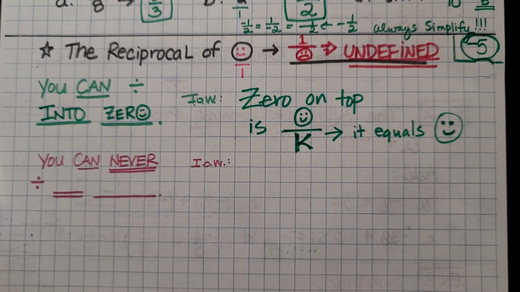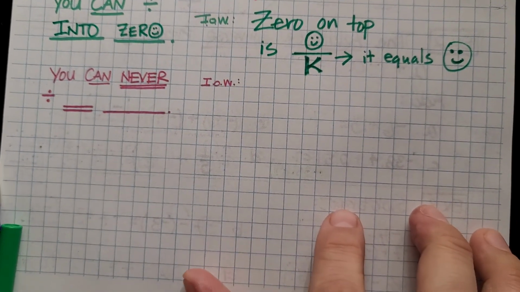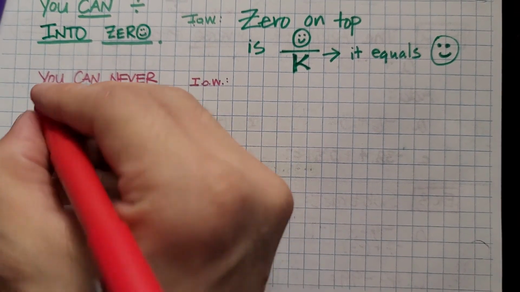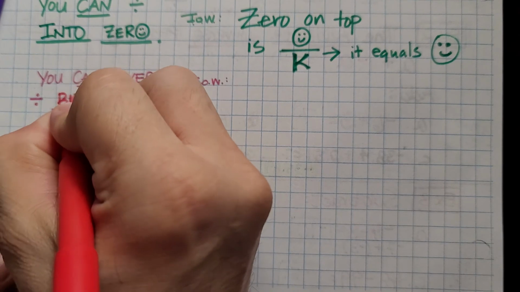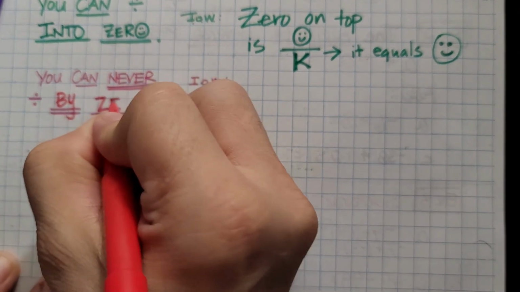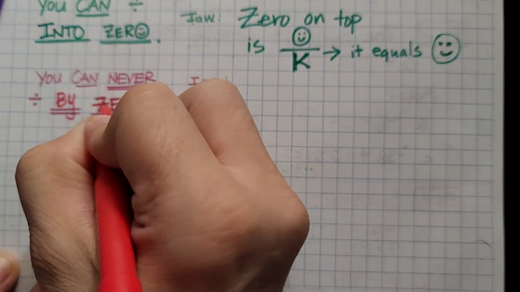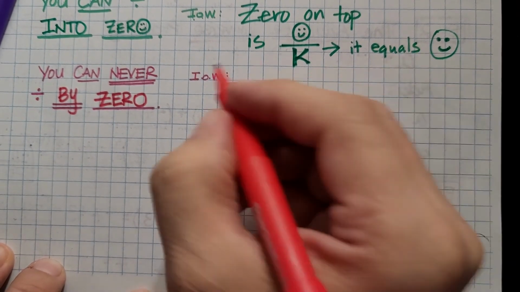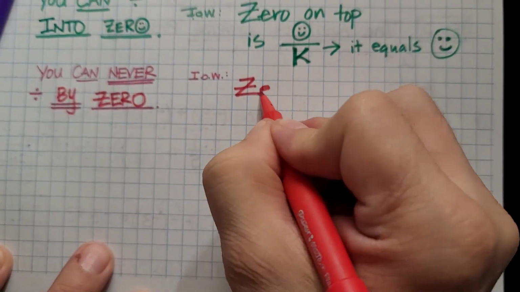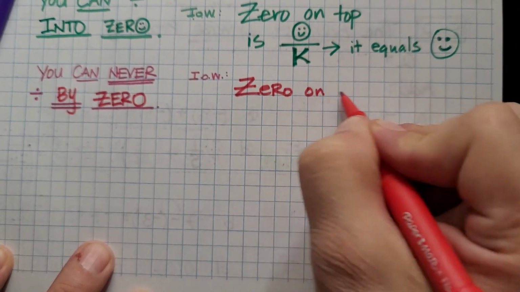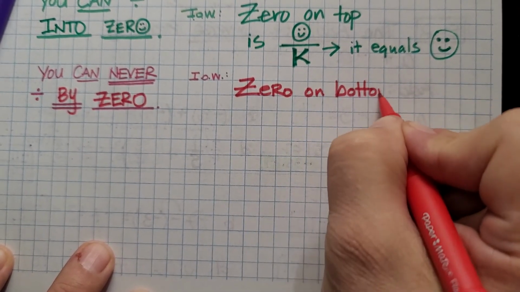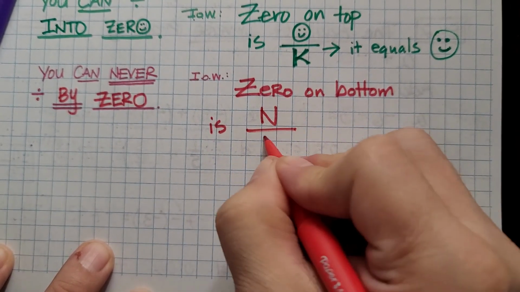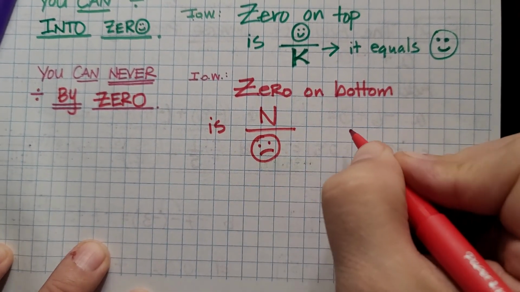Now, let's go red here. You can never, ever, ever divide by 0. Dividing by 0 will put you straight in math prison. 0 on bottom is no way.